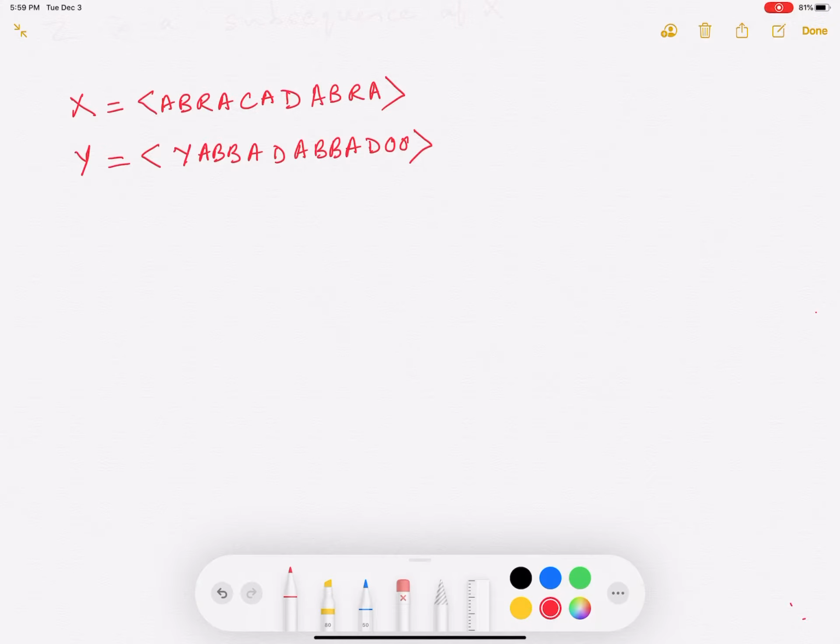Now, between x and y, there are a bunch of common subsequences. For example, A, B, A, ABA, this is one common subsequence. We can try and see if there are other common subsequences.